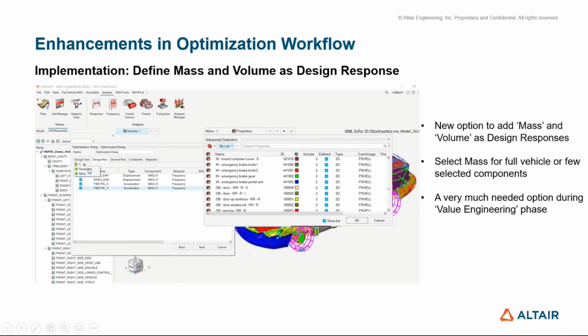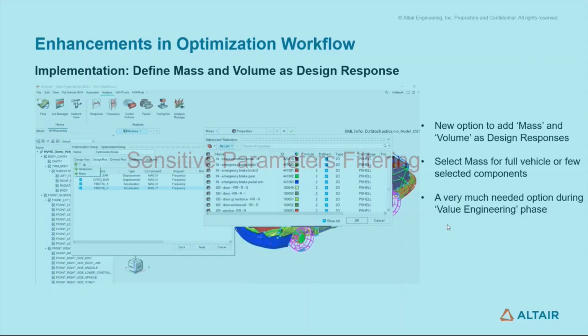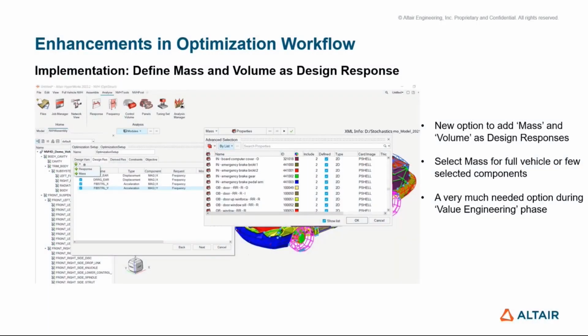So now, in addition to velocity, acceleration, displacement as the responses, we can define mass and volume also as the responses. And then you can track the mass of particular components, mass of particular subsystems, or mass of the complete vehicle also. So all those things are pretty much there now. These are the two enhancements in the optimization workflow.